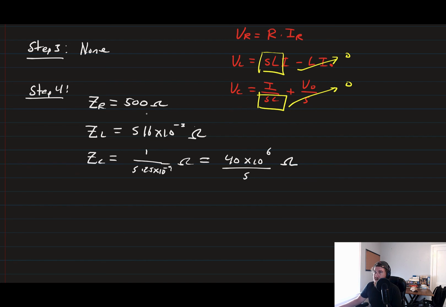So next up, let's go ahead and build the circuit model for that. Let's use a different color. So our capacitor has an impedance 40 times 10 to the 6 over S ohms.